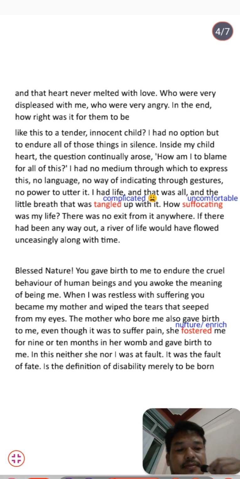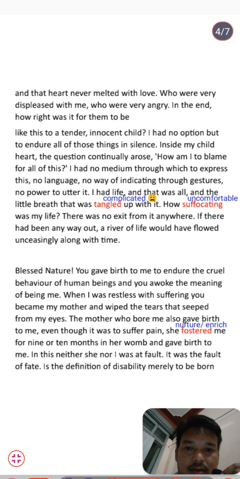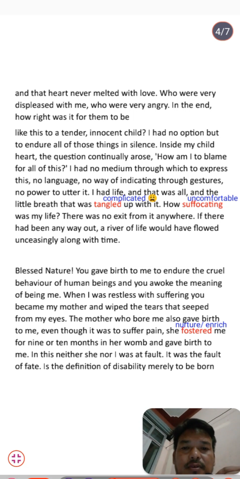I had life, and that was all, and a little breath that was mixed up with it. And how suffocating was my life! There was no exit from it anywhere. If there had been any way out, a river of life would have flowed unseeingly along with the time.